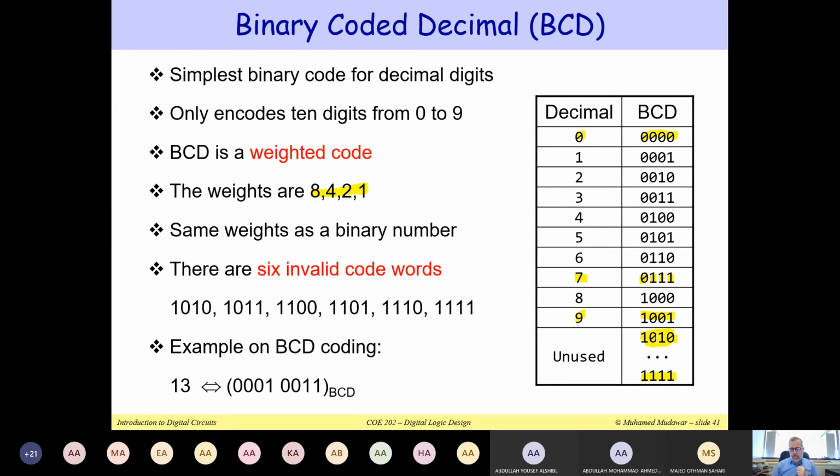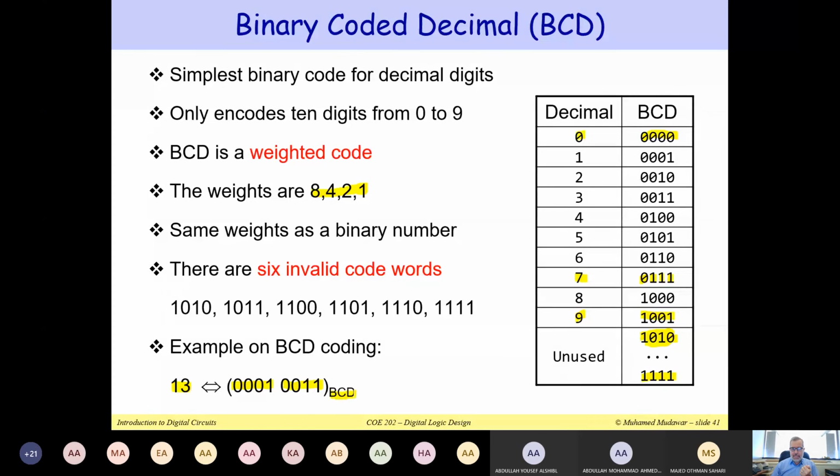And there are 6 codes which are invalid. These are not really valid decimal digits. These are 1010 to 1111. Now, if you have the number 13 in decimal, then you can represent it with 2 BCD digits. The 1 will be 0001, and the 3 will be 0011.